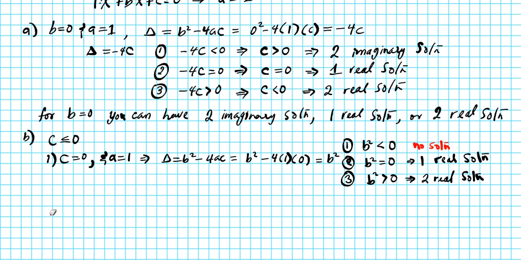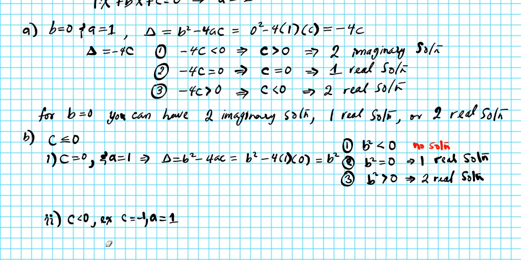Now, scenario number 2, what if c were less than 0? Okay, so for c less than 0, we're going to pick an example. Let's say, for example, c equals negative 1, just to simplify the whole process, make it a little bit more concrete. Let's take c equals negative 1, and a is going to always be 1.